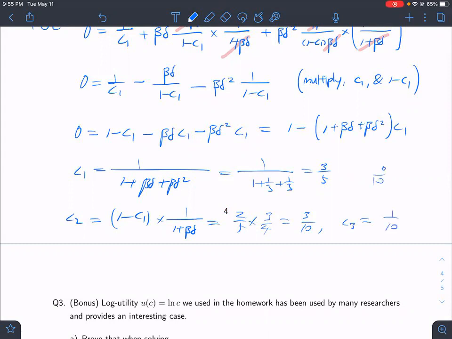Yes, that's correct. Okay, so this is the actual consumption. Also, it's the same as the plan, because if I'm sophisticated, plan and actual consumption will be the same.